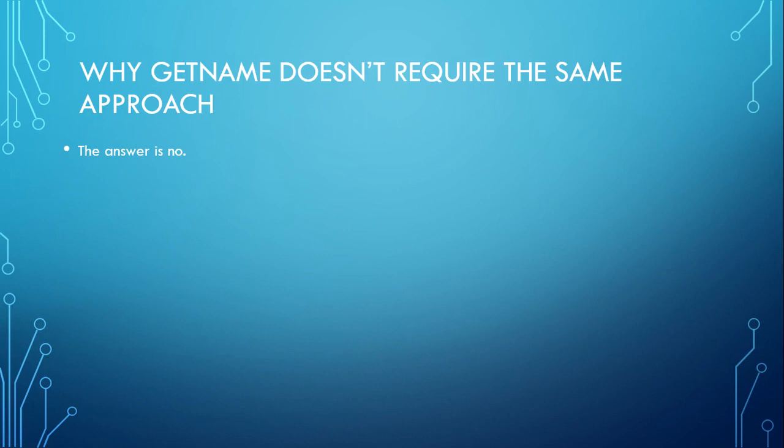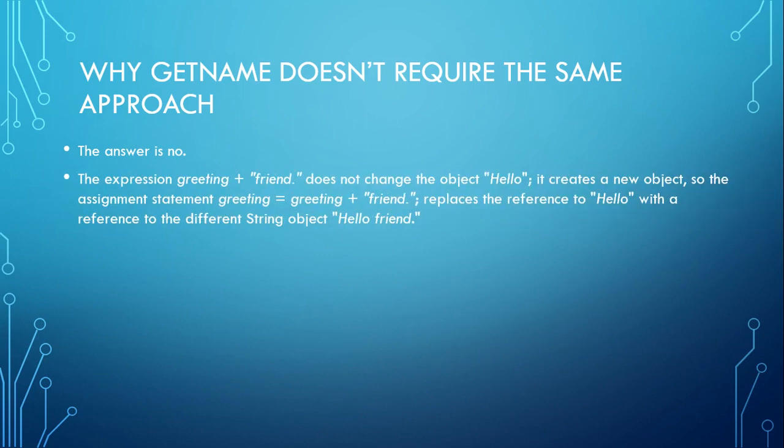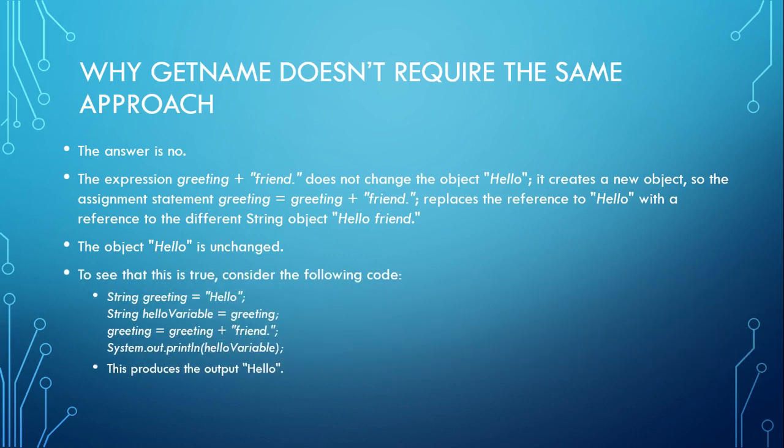Well, the short answer is no. The expression greeting + " friend" does not change the object Hello. Instead, it creates a new object, so the assignment statement replaces the reference to Hello with a reference to a different string object that says Hello friend. The object Hello actually hasn't changed.